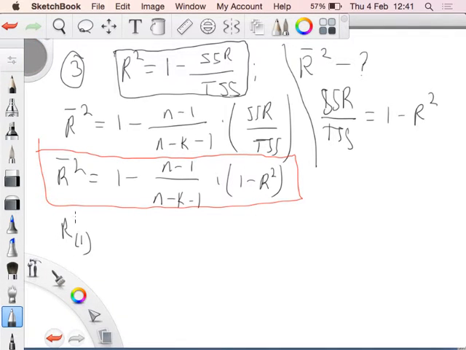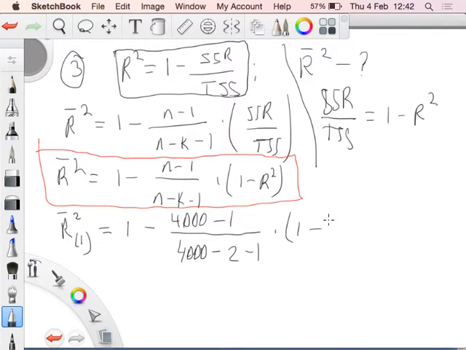So for the first column, we have n equal to 4,000 given to us, and k is the number of regressors. It excludes the intercept. So there are 2 in the first column, female and college: 4,000 minus 1 over 4,000 minus 2 minus 1 times 1 minus R squared.